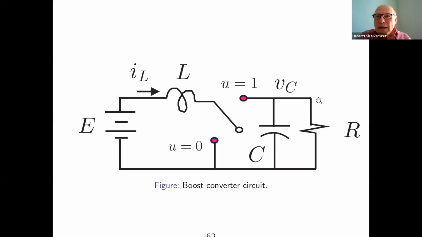Suppose you have, attached in parallel to this resistor, a current source that is draining some current from your circuit. That might be a disturbance. That might be the effect of an unknown load that is affecting your system behavior. So physically, that disturbance is attached to the voltage.